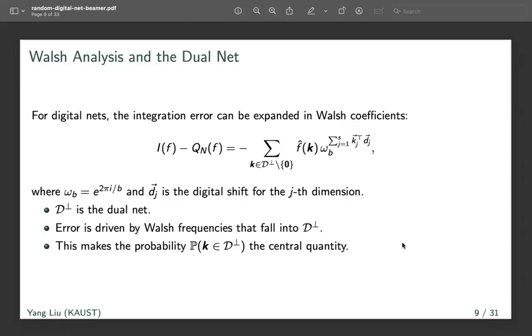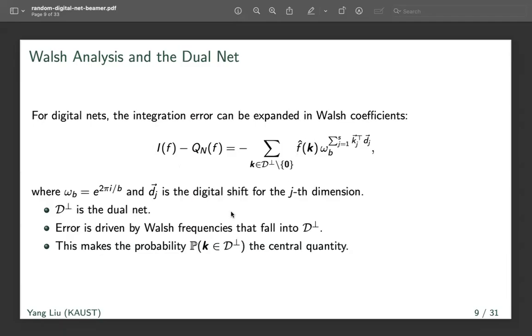Okay, so now we talk about the error analysis. For digital nets, we can use Walsh analysis and duality theory to express the integration error in terms of the summation of Walsh coefficients in the dual net. So the error is driven by the Walsh frequencies in the dual net.